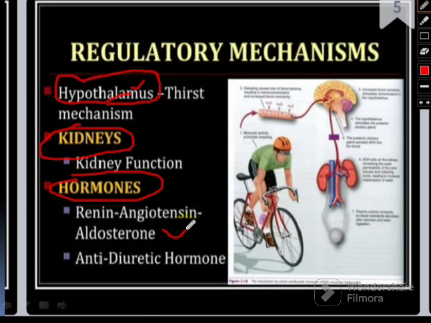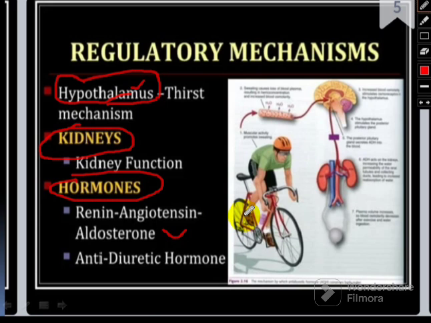Alright? And a lot of reactions occur. First of all, it will lead to the conversion of angiotensin, and then from there, the whole of that mechanism will lead to secretion of aldosterone by the adrenal gland.